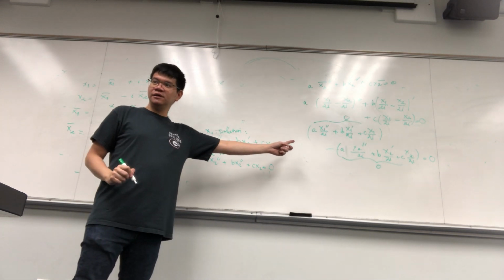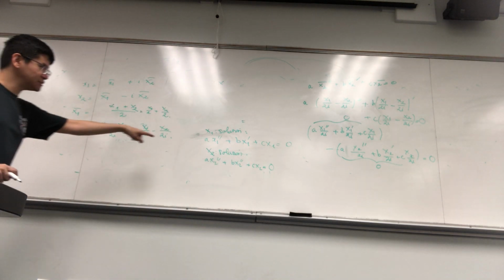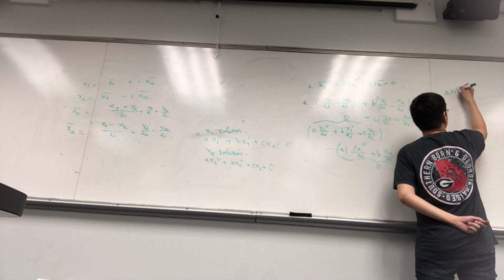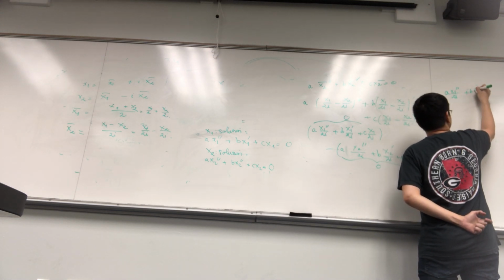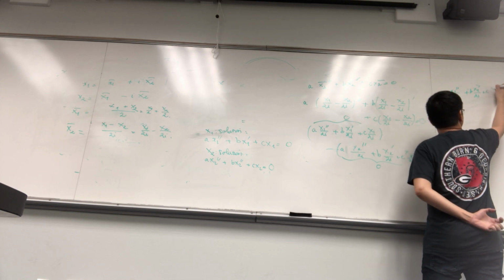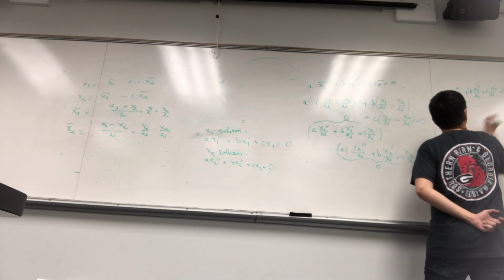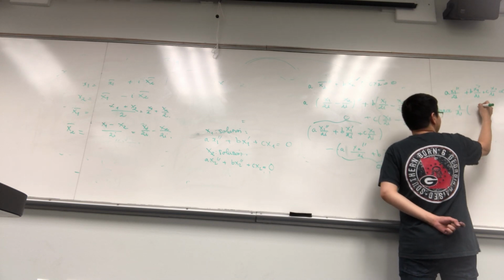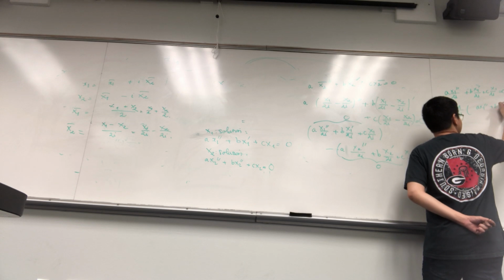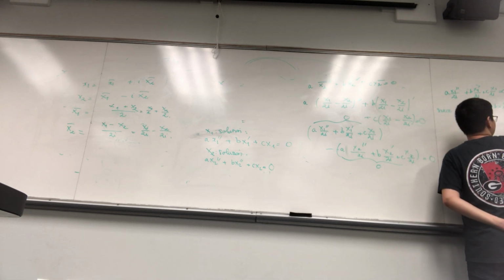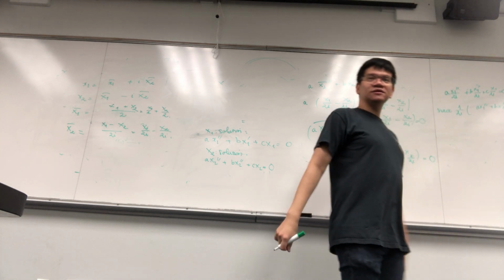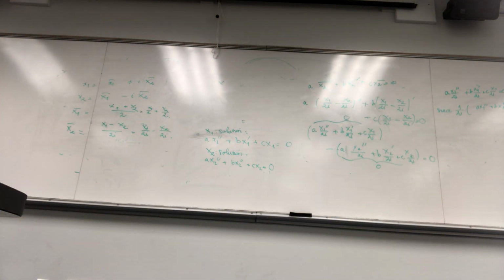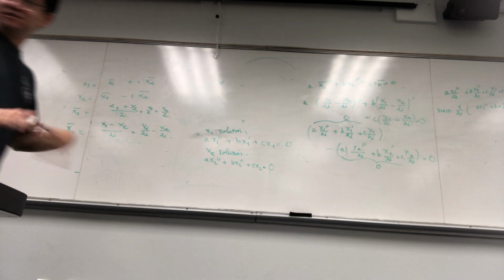The first one is 0 because x1 is a solution: 1 over 2i times a x1 second plus b x1 prime plus c x1 is 0, since you can factorize out the factor 1 over 2i and the inside is 0.